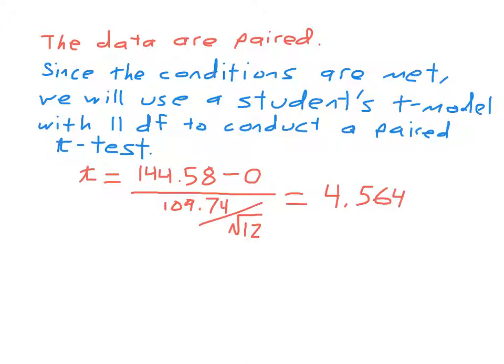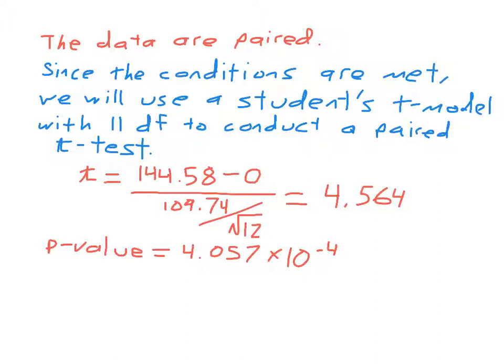We also need to provide the p-value. So the p-value is 4.057 times 10 to the negative 4th. So that's highly unlikely.